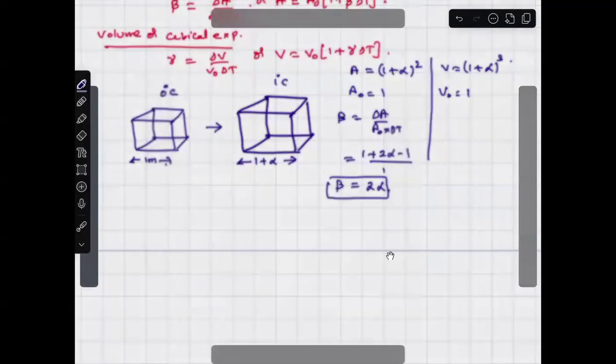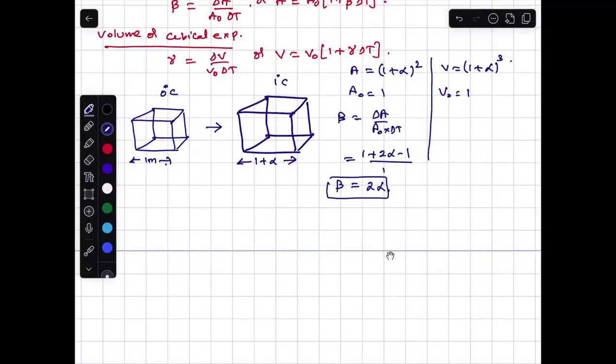Remember, you are not allowed to use this for whatever the material is, only for isotropic material. Next, in this case, gamma is delta V by V naught delta T. Delta V is 1 plus 3 alpha minus 1 by 1. This is nothing but 3 alpha.